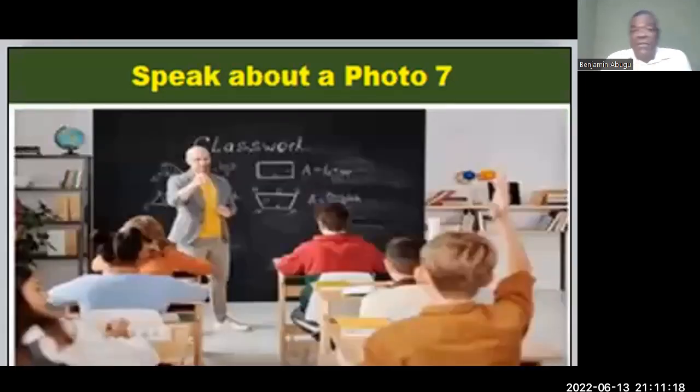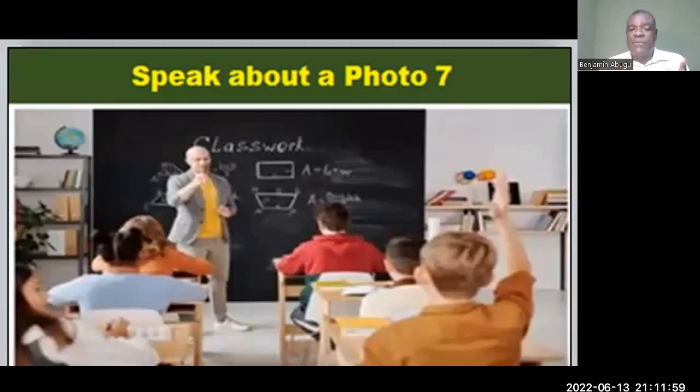Then the last but not the least, we can see again something that actually gives us a picture of a classroom once again. So you can see this time not a female teacher, but a male teacher right here in front of the students. So you can say this picture shows a teacher and some male and female students or learners in a classroom, okay? The teacher is standing and facing the students who are seated on the chairs.